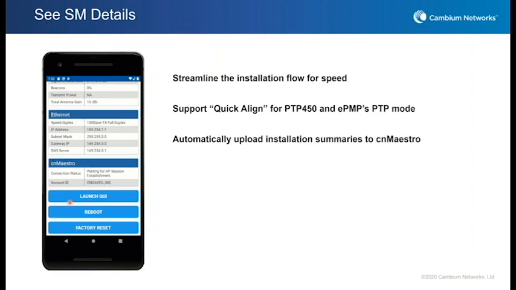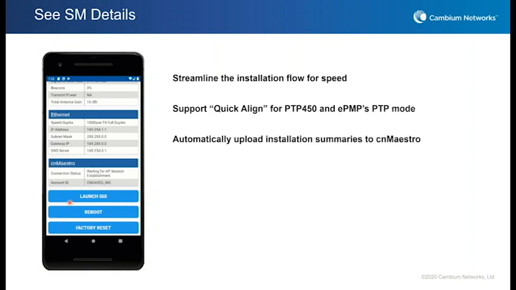And it also means that you don't have to train for PMP and ePMP separately if you're using both. But if you're an experienced installer, it takes a longer time. And when I say longer time, it's basically maybe 5 minutes instead of 2 minutes. But it still takes a longer time to walk through the cnArcher screens.